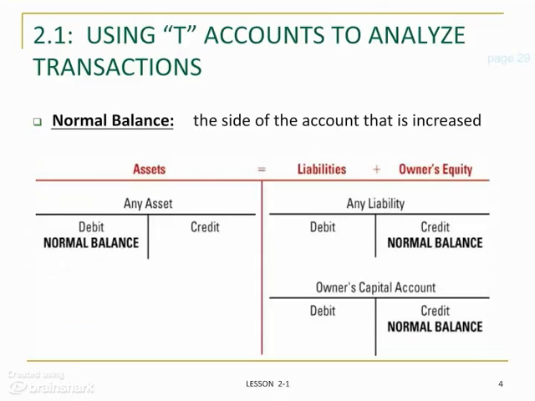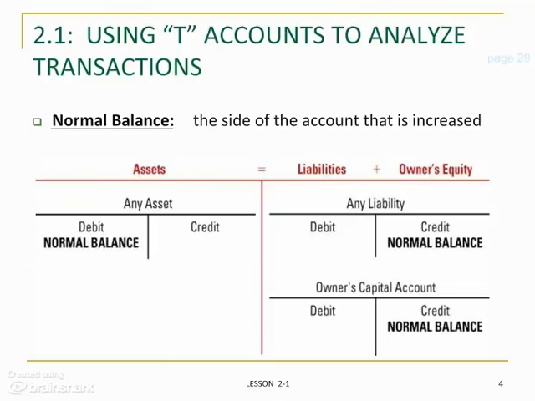As you can see from this picture, when looking at the larger accounting equation, assets equal liabilities plus owner's equity, we said the left side of the accounting equation is the debit side and the right side is the credit side. So it would make sense that when you break down each account into its own individual T account, the normal balance side would stay on the same side for that type of account.